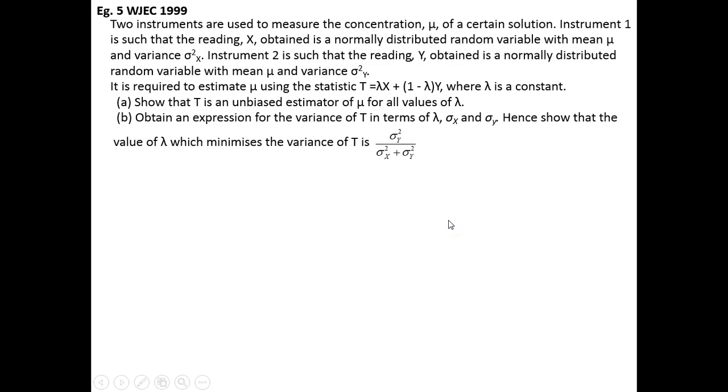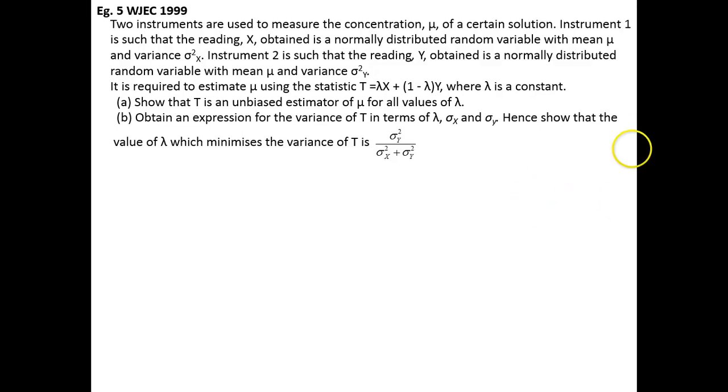Example 5 is an old WJEC question. 2 instruments are used to measure the concentration mu of a certain solution. Instrument 1 is such that the reading x obtained is a normally distributed random variable with mean mu and variance sigma x squared.